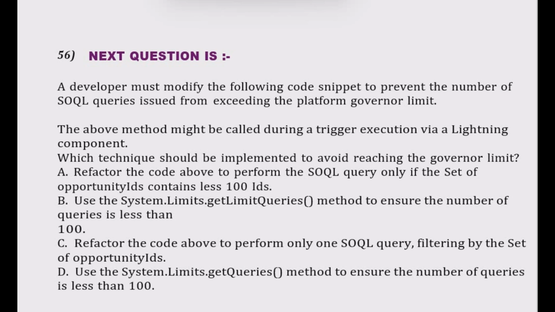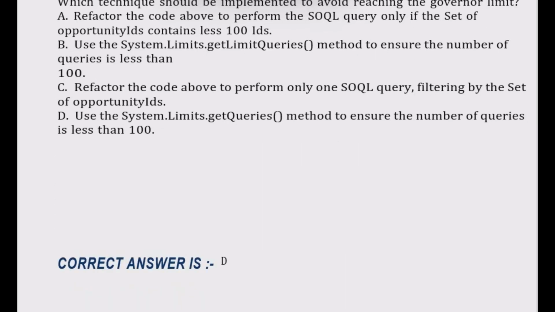Option C. Refactor the code above to perform only one SOQL query filtering by the set of opportunity IDs. Option D. Use the System.Limits.getQueries method to ensure the number of queries is less than 100. Correct answer is option D.